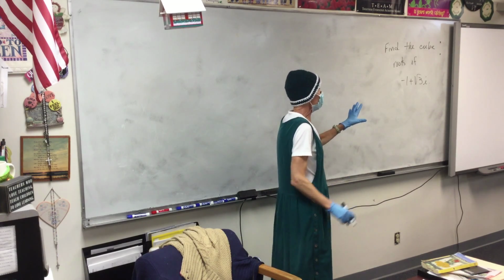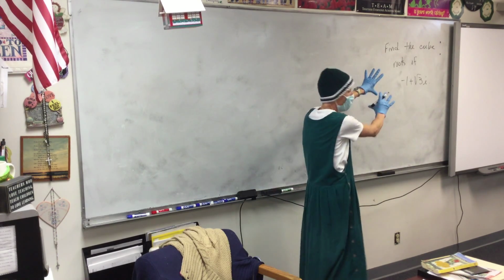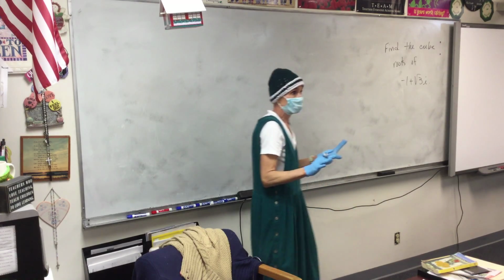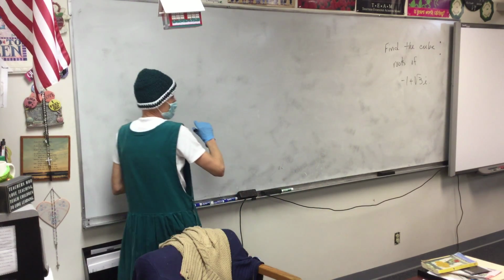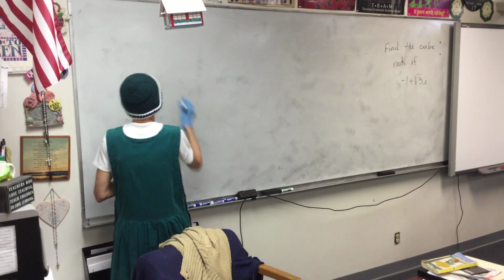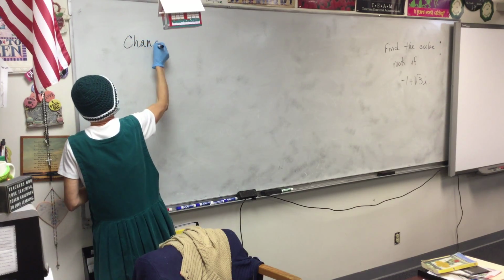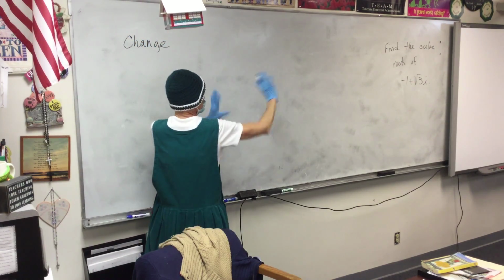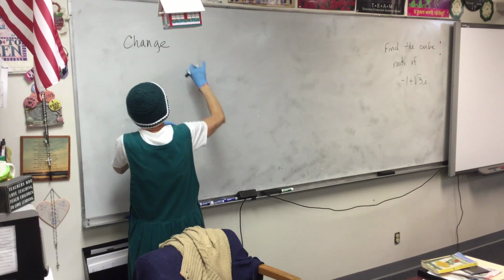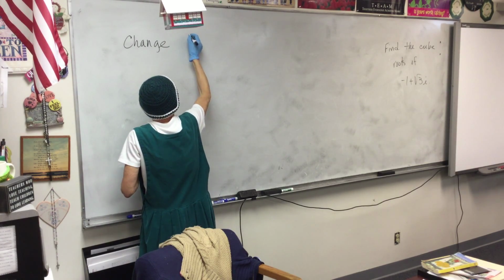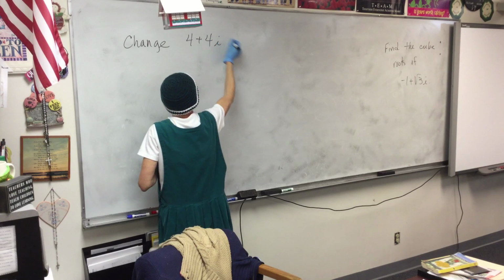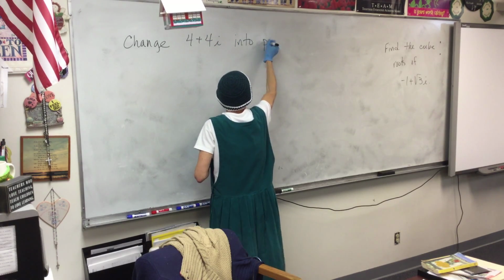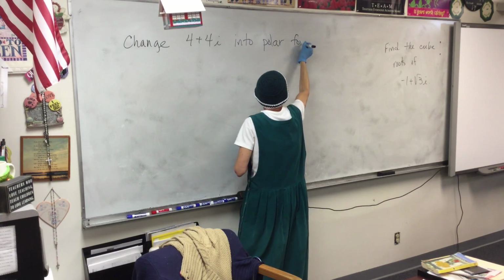But we have some background to do. That's the ultimate. So here is how this works. The first thing that we're going to want to do is change numbers, like 4 plus 4i, into what we call polar form.